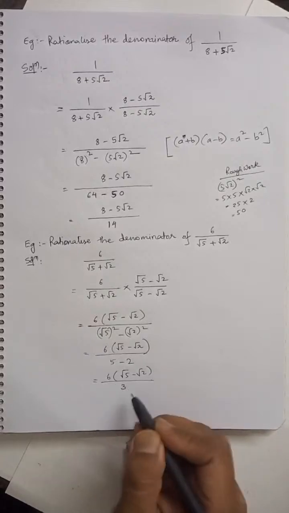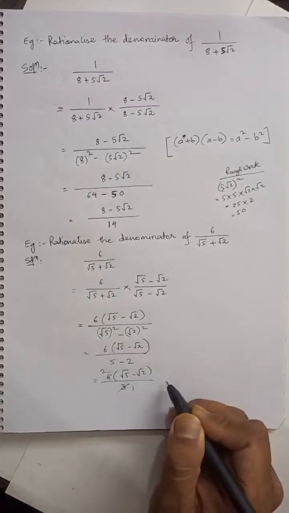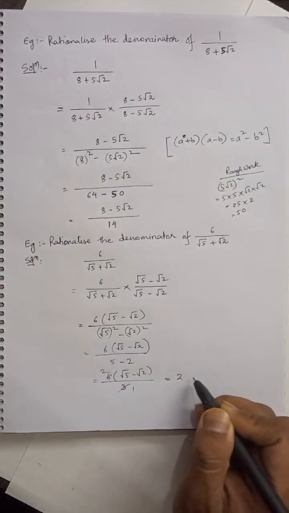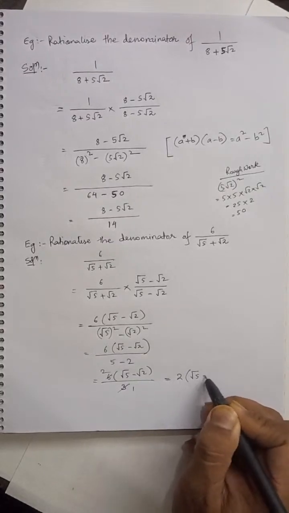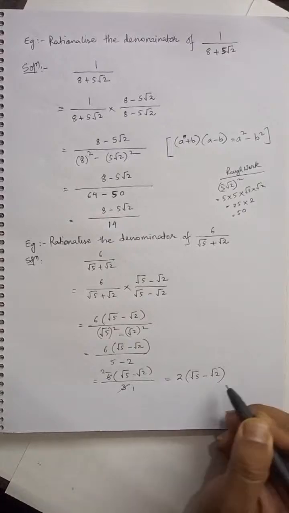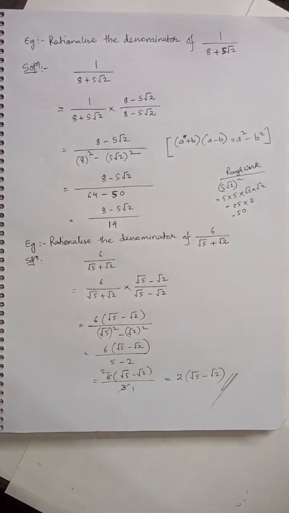So we can divide 6 by 3. Our final answer will be 2 into root over 5 minus root over 2. Okay, so we'll solve a few more questions.